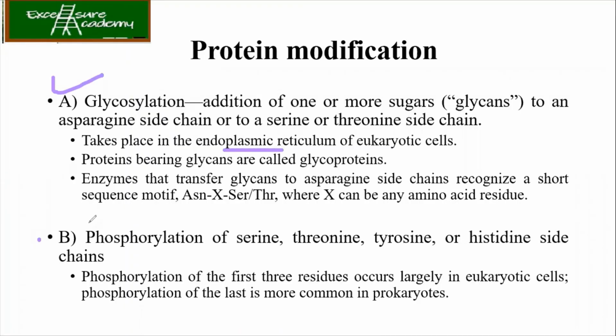For glycosylation to take place, if this sequence is present, then the glycosyl, that is a sugar group, will be added. And all this modification takes place in the ER of the eukaryotes. What you just have to remember is that if it is histidine having the phosphorylation group attached, then it is happening in the prokaryotes. Rest all is happening in the eukaryotic ER. This is an important slide.